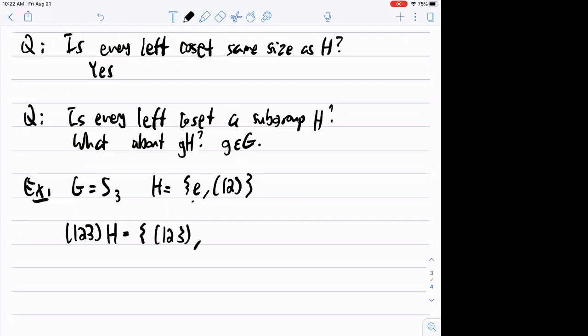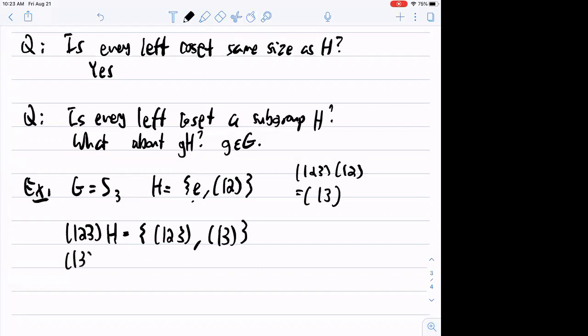And then I need to calculate (1 2 3)(1 2). What is that? 1 goes to 2, 2 goes to 3, and then 3 goes to 1, and then 2 gets fixed. So I have these two elements, and then you pick another element not in these two.